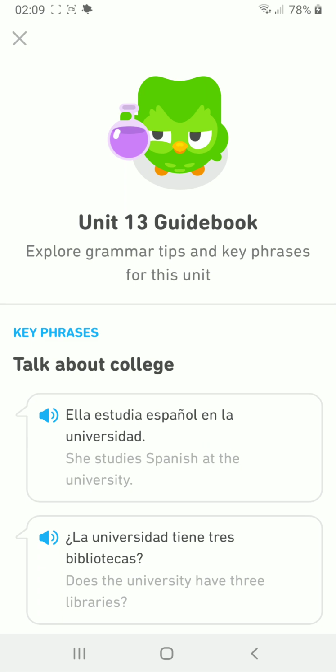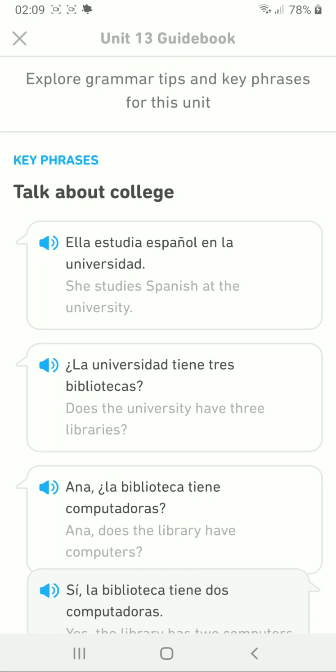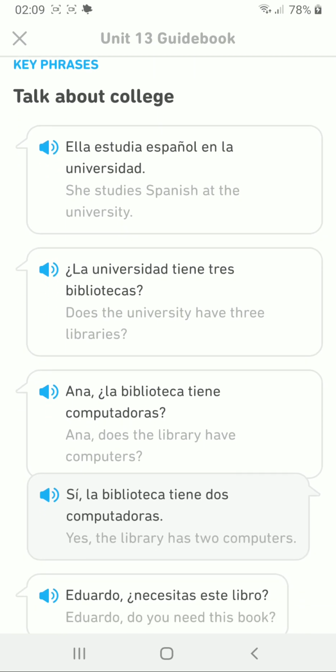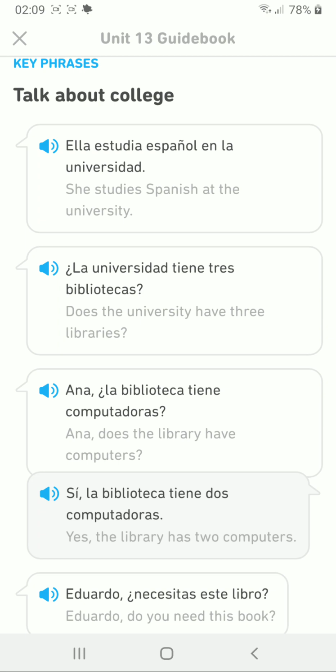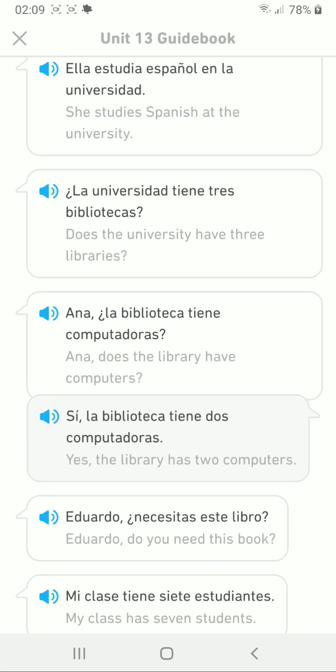En la universidad. La universidad tiene 3 bibliotecas. So is the question: does the university have 3 libraries? Maybe, I don't know. Quizás.